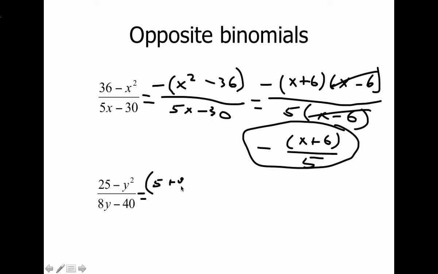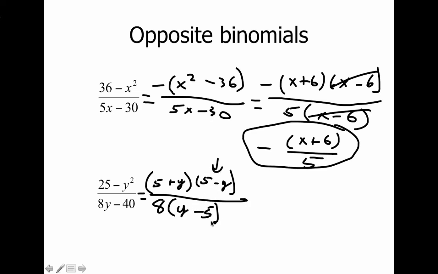That's just fine. You could also factor right away. 5 plus y, 5 minus y. That's the difference. Take an 8 out, y minus 5. This one seems to be the opposite of this one, so I can pull a negative out of that one and turn it into y minus 5. And then this one I could rewrite if I wanted to as y plus 5.